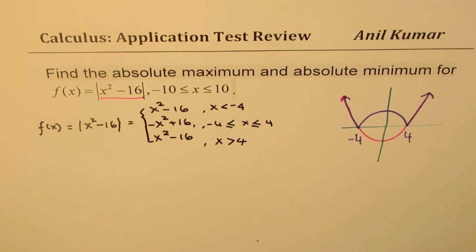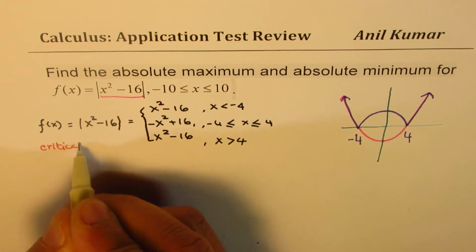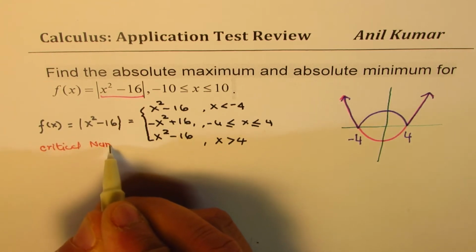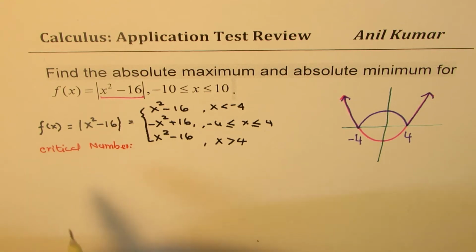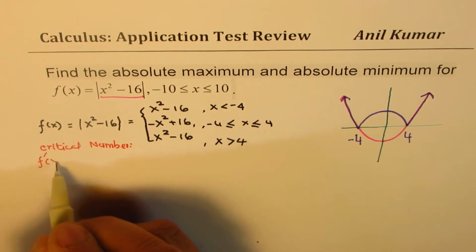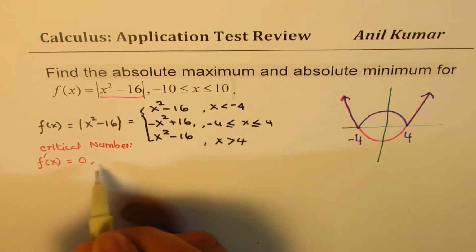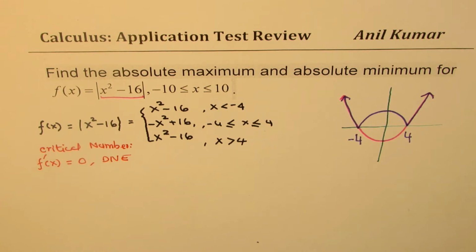So the next step is to find the critical numbers. When I say critical number, I'm only finding the x value. A critical number is where the derivative is either 0 or does not exist, either of these two, correct?